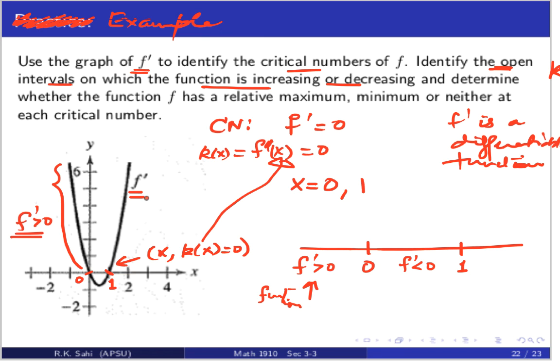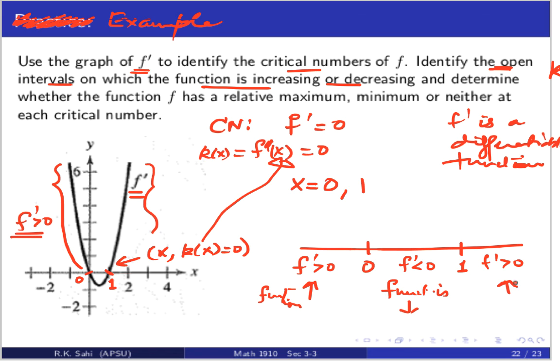That means the function is decreasing. It's going down. The original function, remember, is a cubic function, because if the graph of the derivative is quadratic, the original function is one degree more than that, which is cubic. Once again, when you go beyond 1, the derivative is positive.